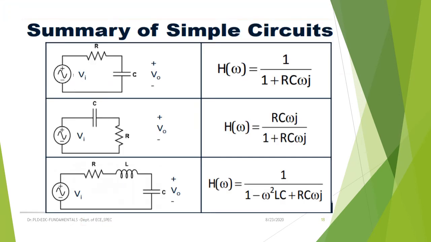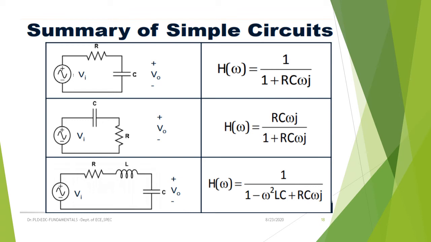Coming to the summary of simple circuits, here it needs some calculations. I'll explain these things on paper later, as I don't have the provision to explain them here. The formula varies according to the drop across the capacitor or the drop across the resistor. For the transfer function H of omega, based on the drop across the capacitor, first you write the equation by applying KVL to the circuit and evaluate the output voltage.